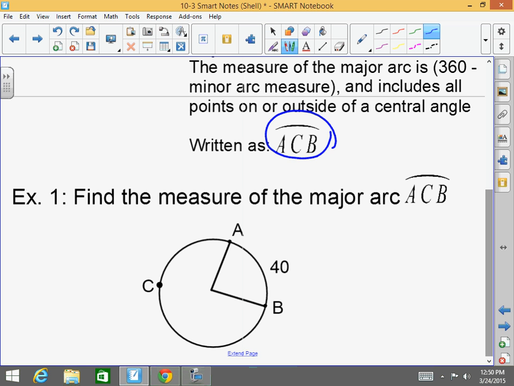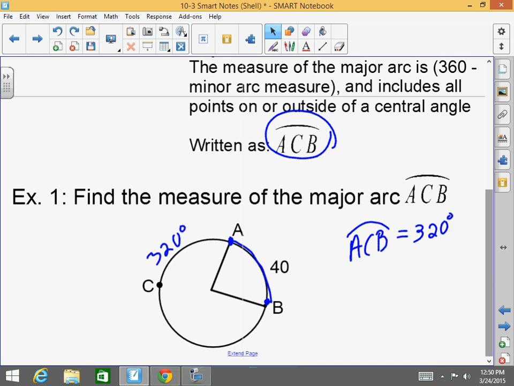If I say that the minor arc here is 40 degrees, what would the major arc be? 320, exactly. 360 minus 40 would be 320 degrees. So arc ACB, the major arc, would equal 320 degrees. Does that make sense, boys?